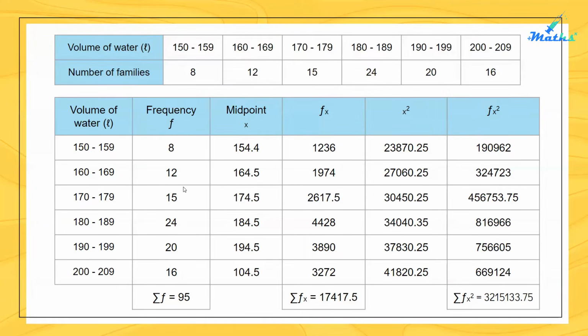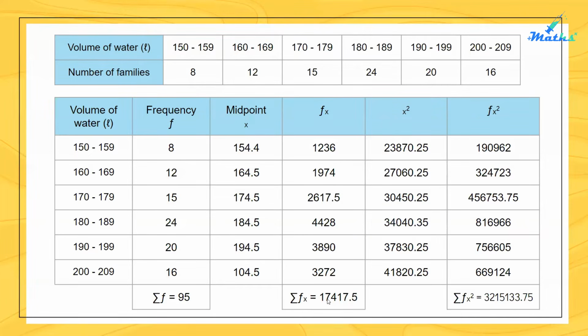Now we're going to count the sum of frequency, sum of fx and sum of fx power 2. Add all the frequency and we get 95. Add all the fx and we get 17417.5. Add all the fx power 2, we will get 3215133.75.